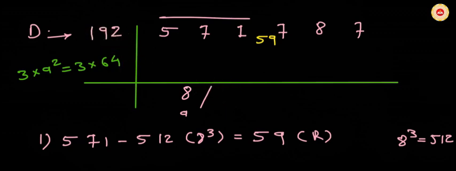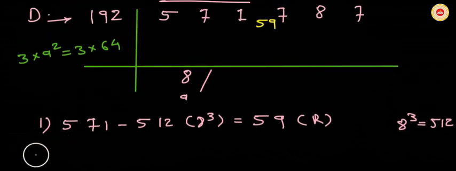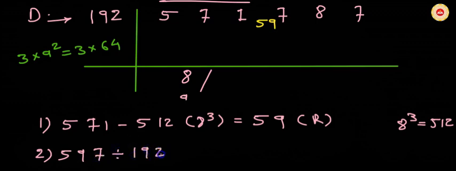So step number 2 is 597 divided by 192 gives you the quotient. How much? 192 multiplied by 3 is 576.